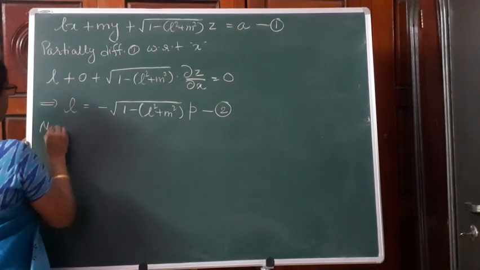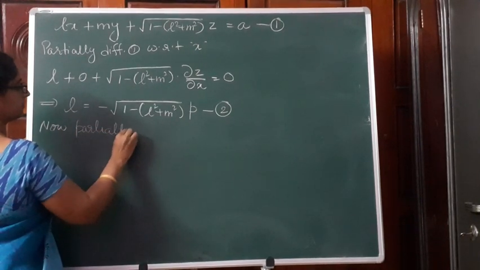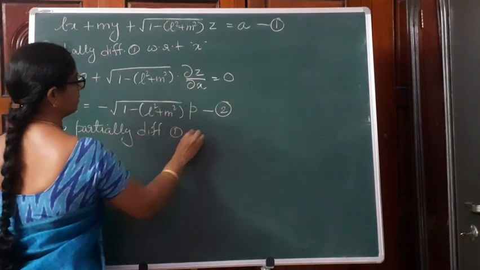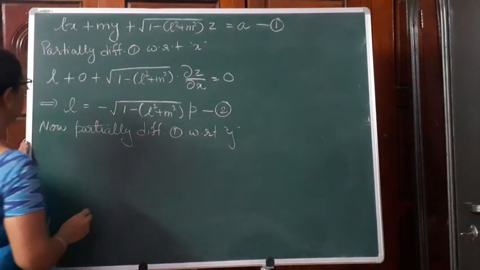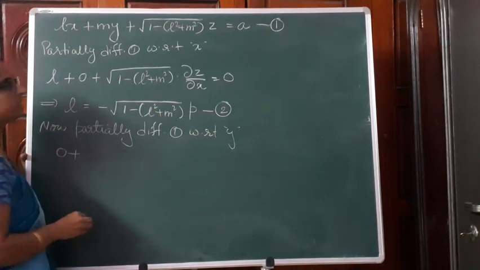Now partially differentiate 1 with respect to y. What do we get? Derivative of x is 0, so the first derivative is 0.